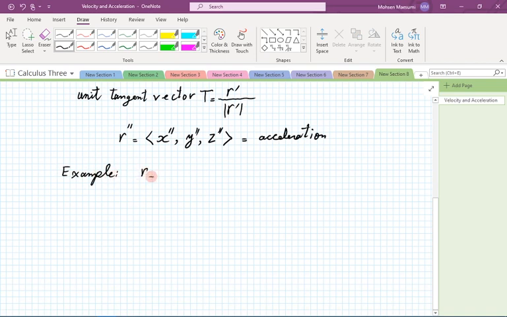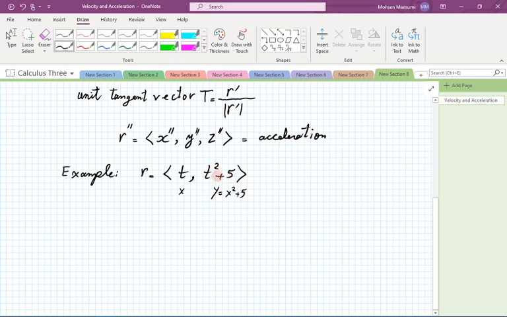Suppose a position is given to us as t and t squared plus 5. There shouldn't be a mystery to you: this is sitting in the position of x, and this is sitting in the position of y. So what we are saying is that y is equal to x squared plus 5, right?